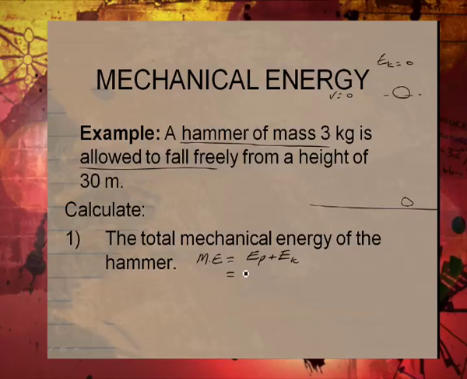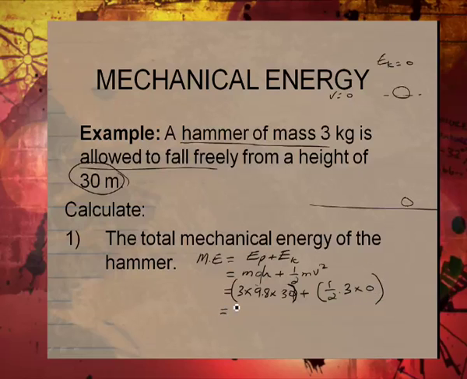So this will be equal to mass times gravitational acceleration times height plus half mv squared. The hammer's mass is 3, times acceleration due to gravity, 9.8, times the height of 30 meters. That is EP, plus half times 3 times V squared, but it's not moving at that moment, so V will be 0.